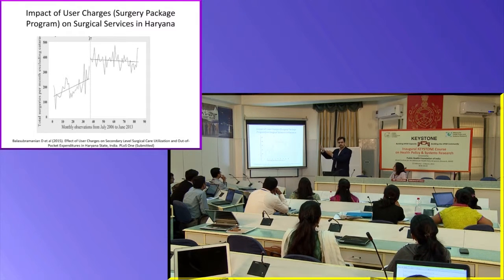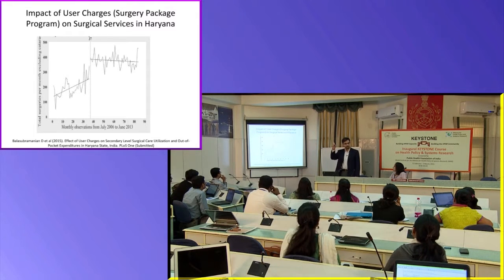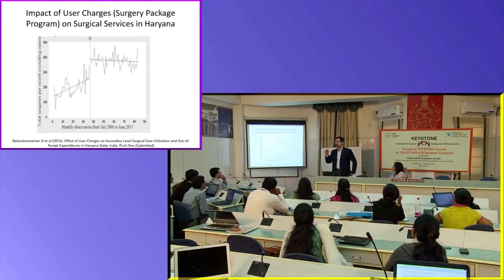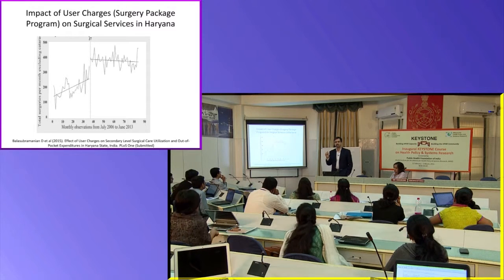Things were going in that direction, and so they are going in this direction. But you break this time series into two parts, pre-intervention and post-intervention. What you actually find is that the trend reversed post-intervention. It was going very much up pre-intervention. So this user charge or the surgical package program or this package rate system actually adversely affected the utilization of surgical care in this setting.